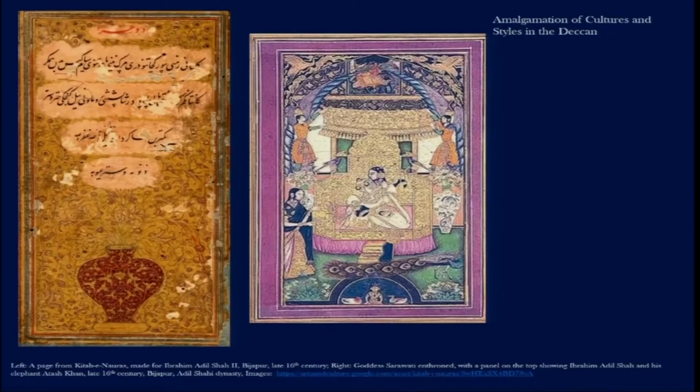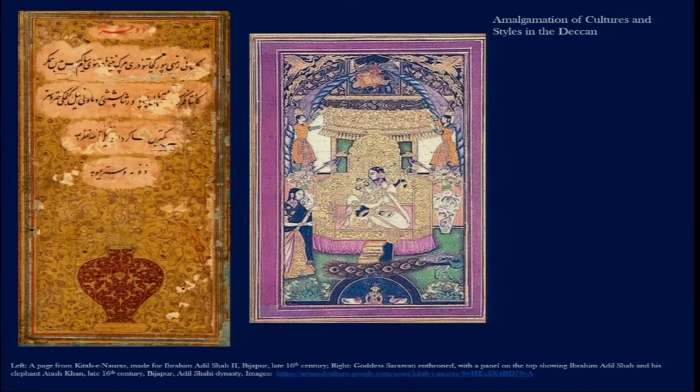So, moving on from the Mughal atelier to the region in the southern part of the country, the south central part and down south, the Deccan region, we have already looked into the gardens and some of the architectural structures in the Deccan. Similar to the architecture, we also find an amalgamation of cultures and styles in the Deccan region as well.